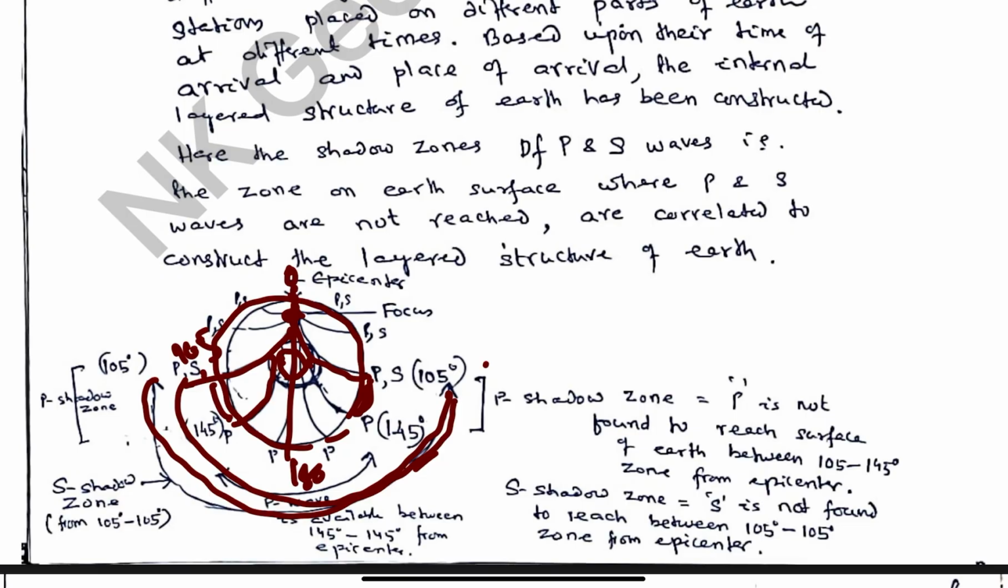105 to 145 on one side, this is the zone in which the P wave is not found to reach, that is the P shadow zone.